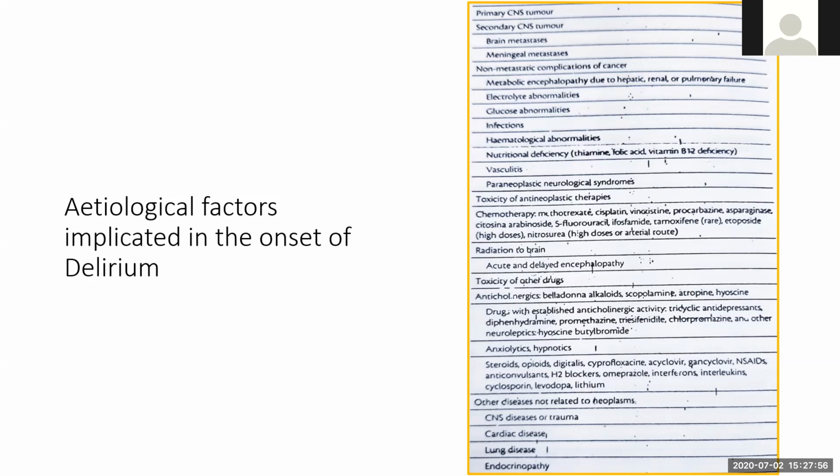We've got pretty much all of it in our discussion, right? Then hematological abnormalities, nutritional deficiencies like thiamine, folic acid, vitamin B12 deficiencies, vasculitis, paraneoplastic neurological syndromes.